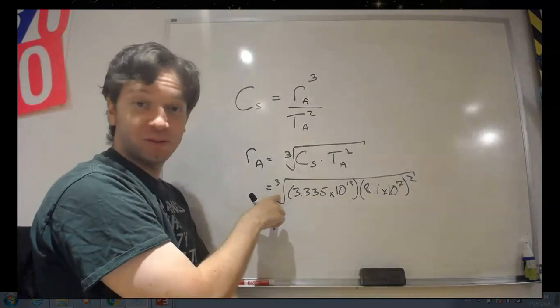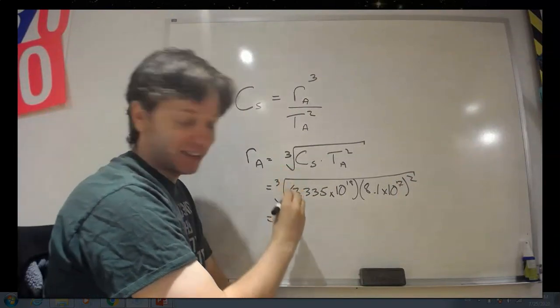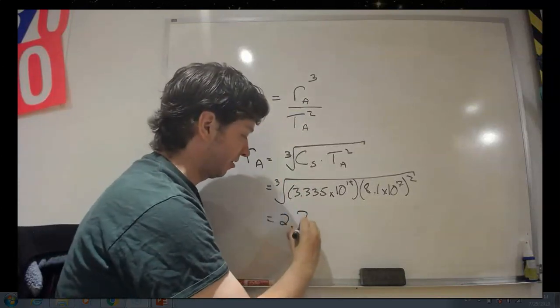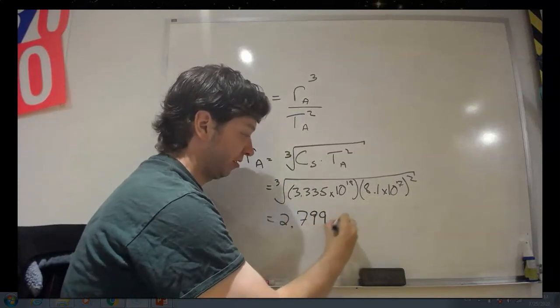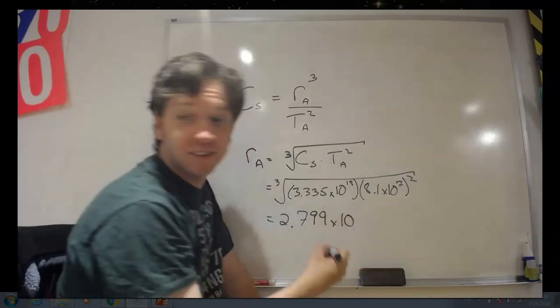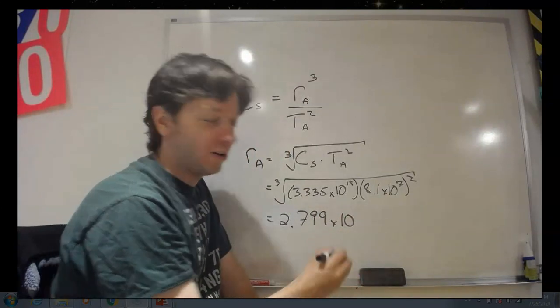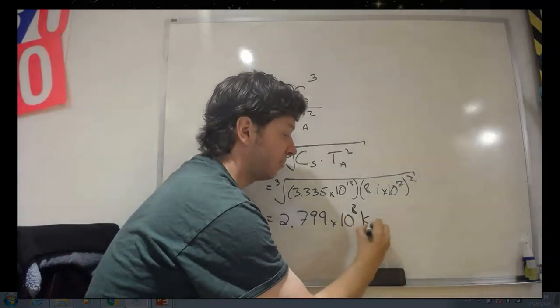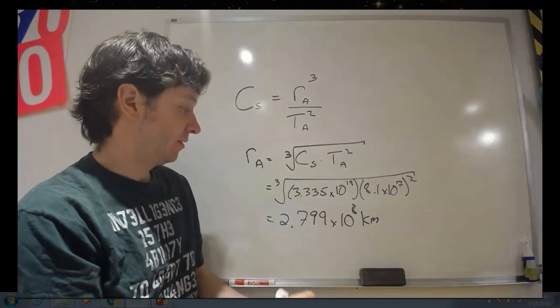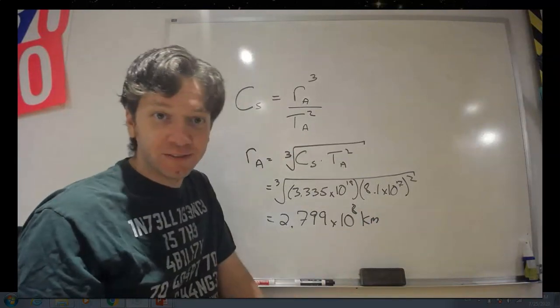And then we take the cubic root of all that, and we'll get 2.799 times 10 to the 8, or 10 to the 11 meters, or 10 to the 8 kilometers, if we put it back into kilometers. Okay, so that's it for that lesson.